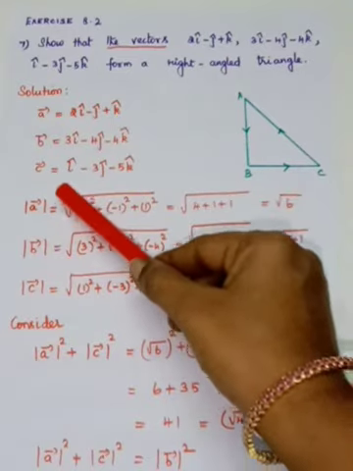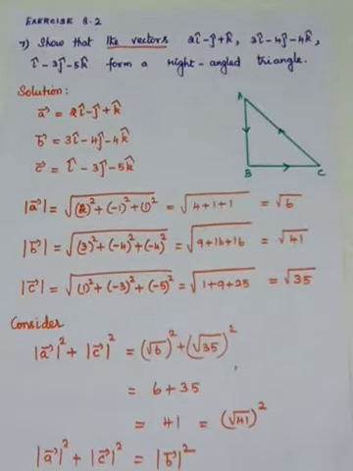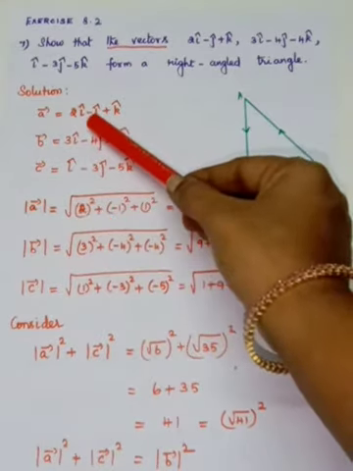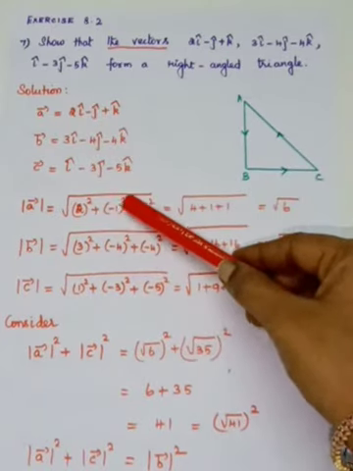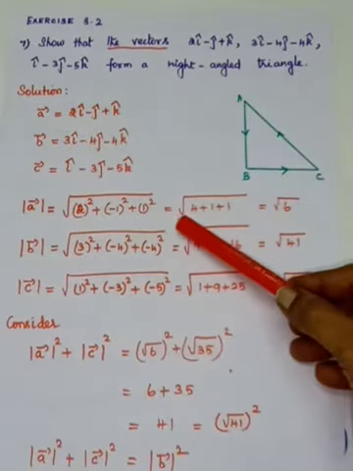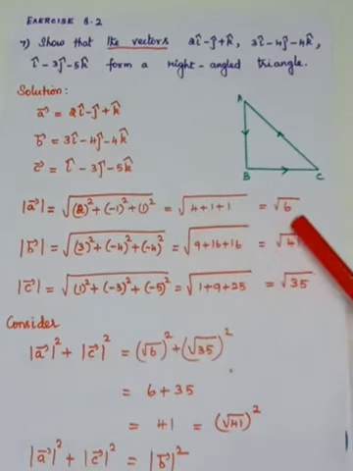It is square root of x squared plus y squared plus z squared, that is 2 the whole squared, plus the coefficient of j cap is minus 1 the whole squared, plus the coefficient of k cap is 1, so it is 1 squared. So that is square root of 4 plus 1 plus 1, that is equal to root 6.